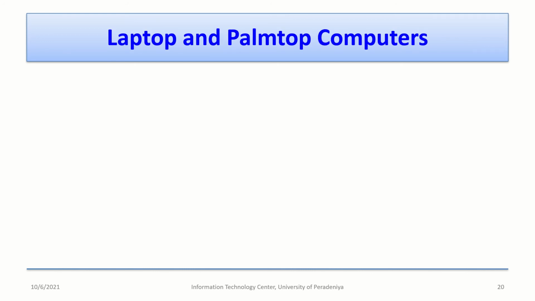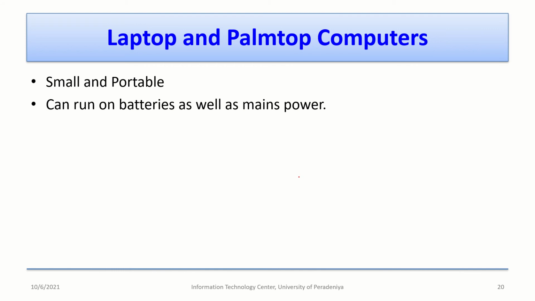And then next one is laptop and phantom computers, right? So the main feature of the laptop is portability, right? Portable means we can bring it to remote areas and work with the laptop, right? Another basic feature is it can run on batteries as well as mains power, right?